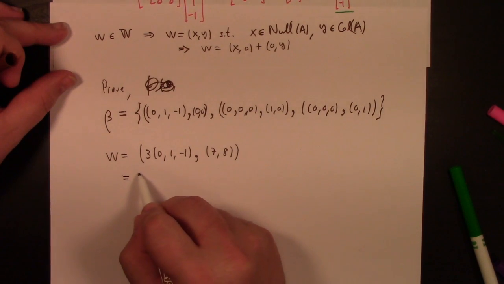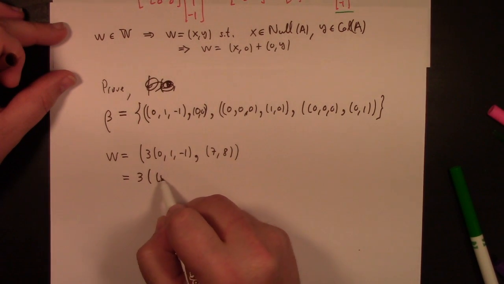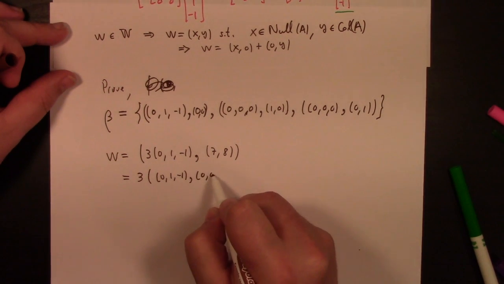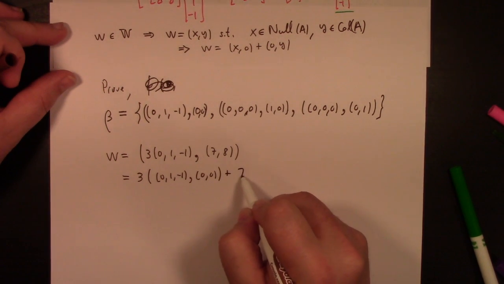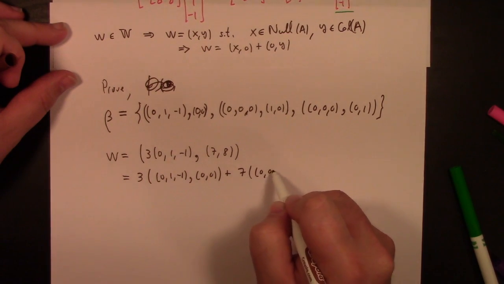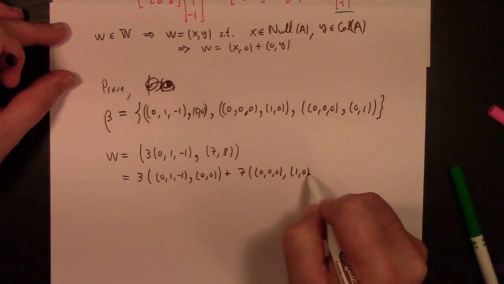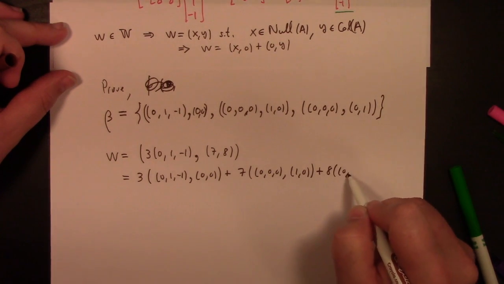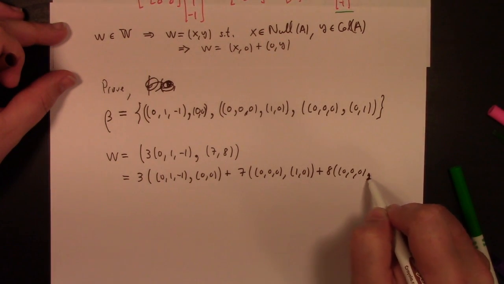You can rewrite this as 3 times 0, 1, minus 1, comma 0, 0, plus 7 times 0, 0, 0, comma 1, 0, plus 8 times 0, 0, 0, comma 0, 1.